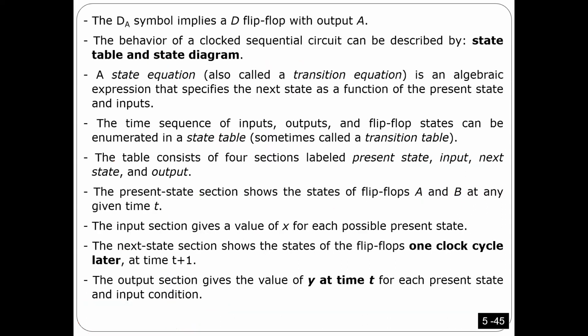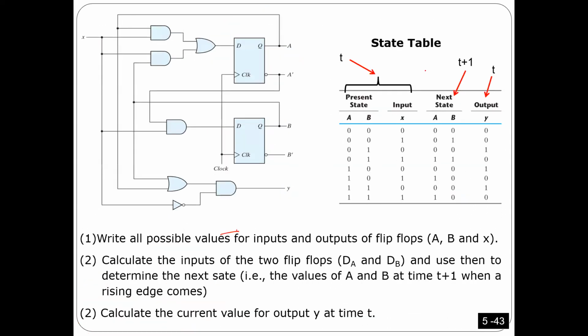Once you have this, all I'm going to do here, guys, is make the truth table. I have AB for the flip-flops, and then I have X. Then I'm going to write here all possible values as we did before, all different combinations: 4 zeros, 4 ones, 2 zeros, 2 ones, and so on, 0 1 0 1, and so on. Then you need to calculate this part.